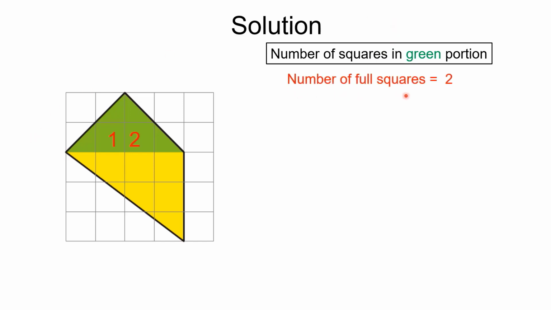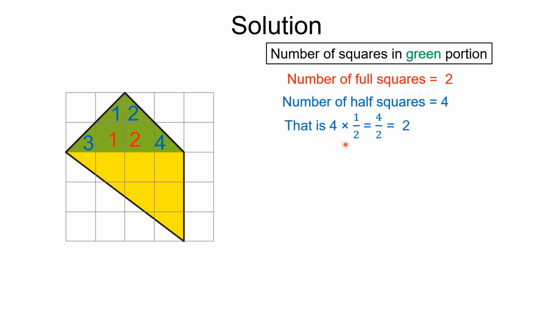Number of full squares is 2. Let us count the number of half squares. Number of half squares is 4. We know that two halves make a whole. That is 4 multiplied by 1 by 2 equals 4 divided by 2, that is 2.